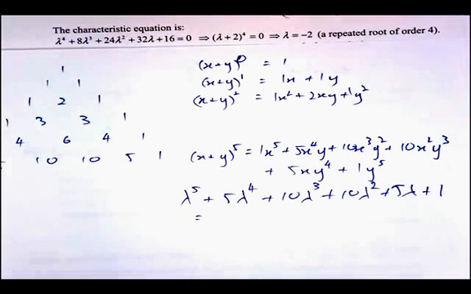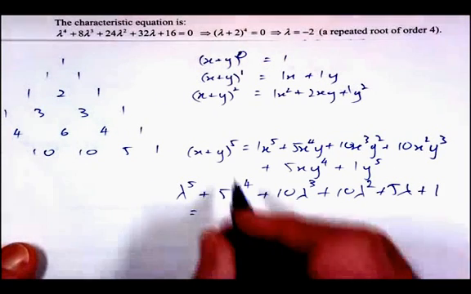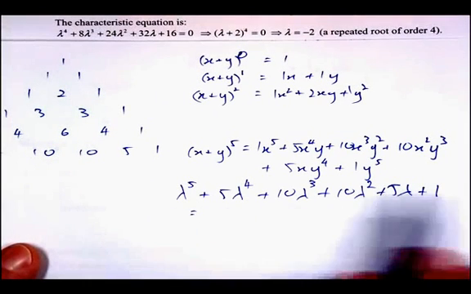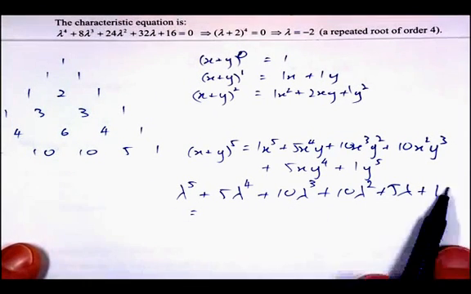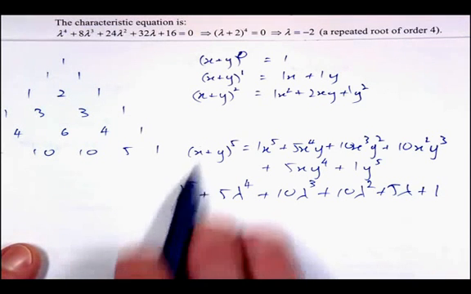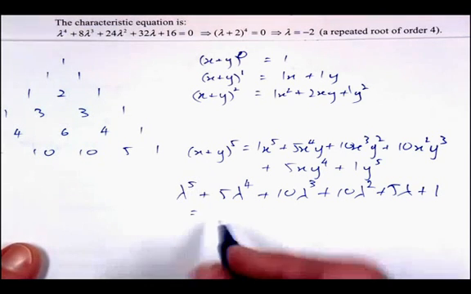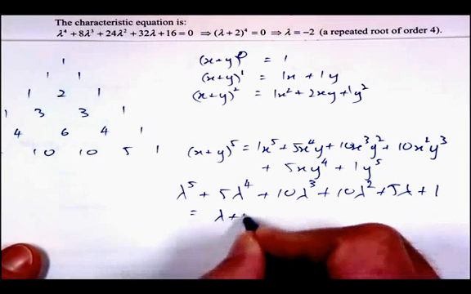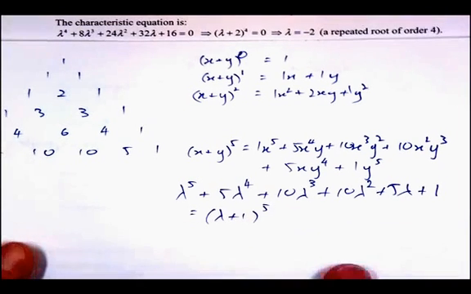I know that that would factor. What powers of lambda are going down? What powers are going up in each of these cases? It's just a 1, isn't it? Okay, so the x is the lambda and the y is a 1. So this is lambda plus 1 to the power 5.